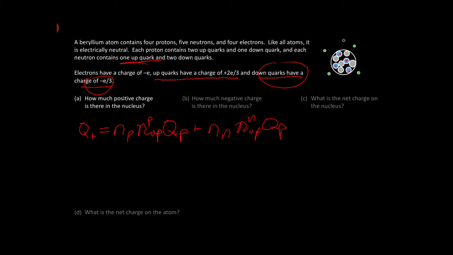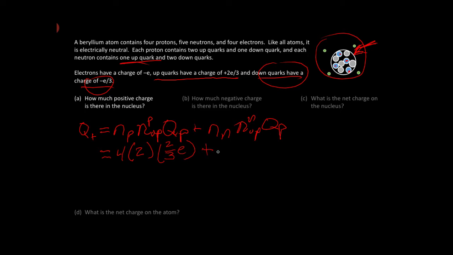So this atom is large enough that its charge varies by the number of its constituents and the different kinds of constituents it has. Although it doesn't really, the nucleus keeps the same charge, because that's the way we like it, the way we define it, actually. So let's see, we have the number of protons, which we said was 4, times the number of up quarks per proton, which is 2, times the charge, which is 2/3 e.